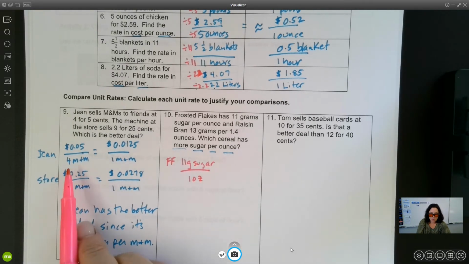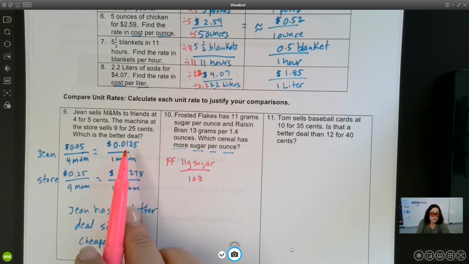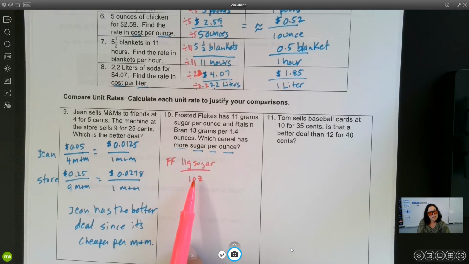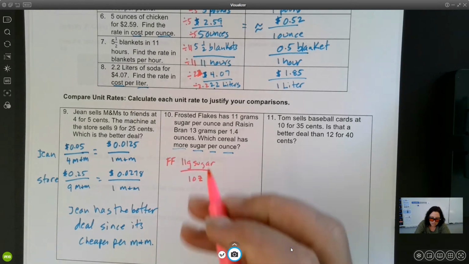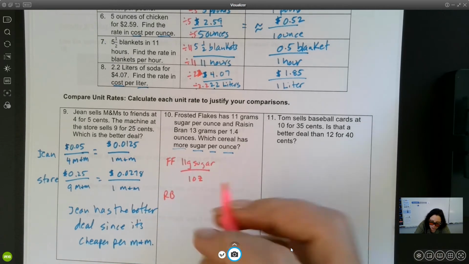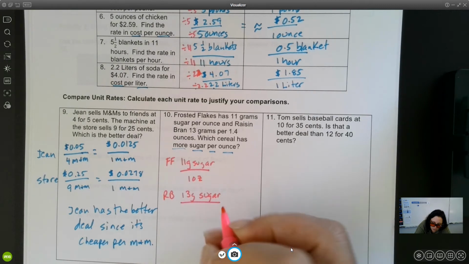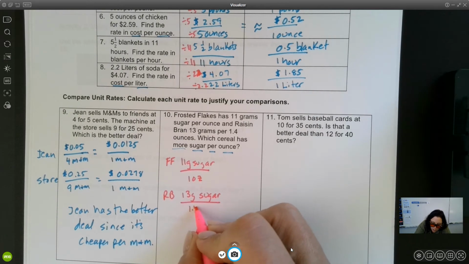How awesome that they handed me the unit rate. Over here, they gave me a rate, and we had to find the unit rates. Frosted Flakes, they gave me the unit rate. Now for Raisin Bran, we need to do a small calculation. 13 grams of sugar over 1.4 ounces.